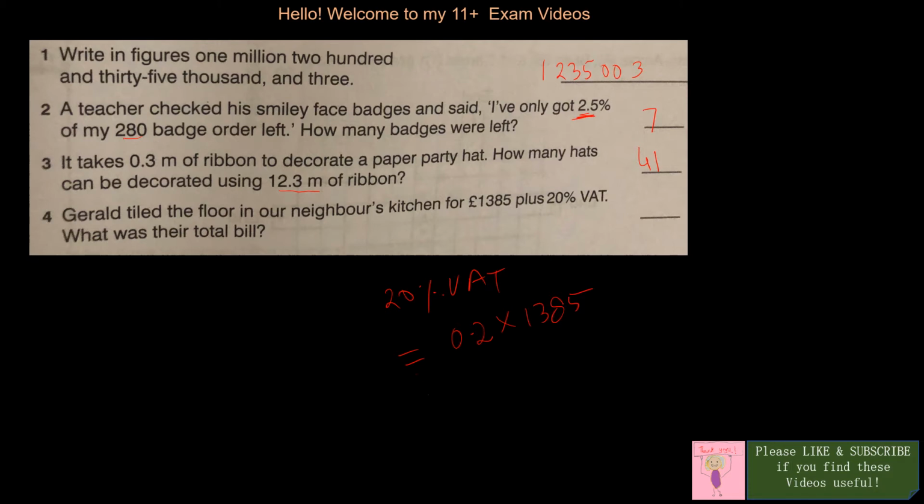So this is 277. So you will add 1385 plus 277, that's your VAT. That gives 1662. So the price is 1662.